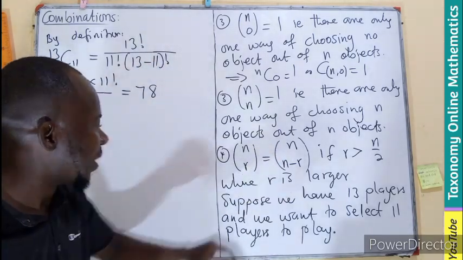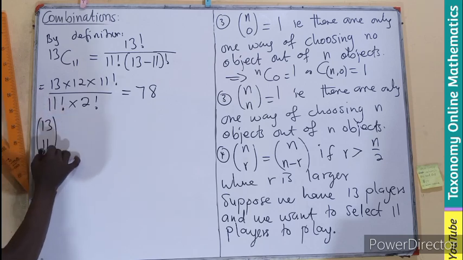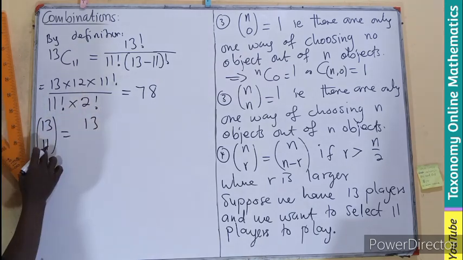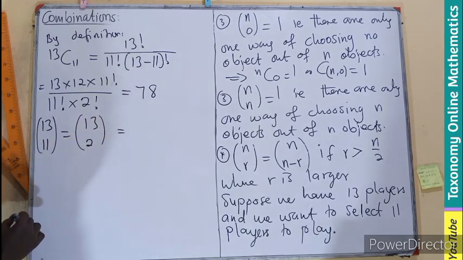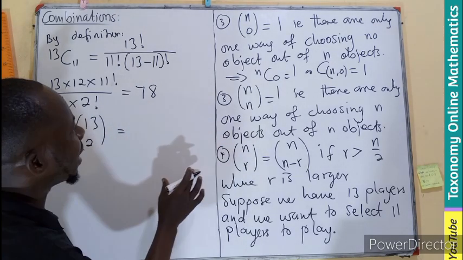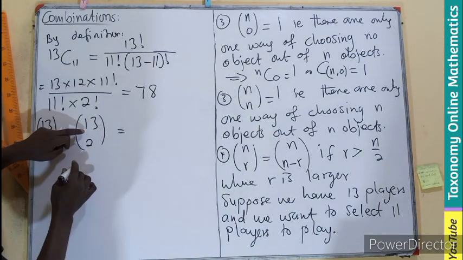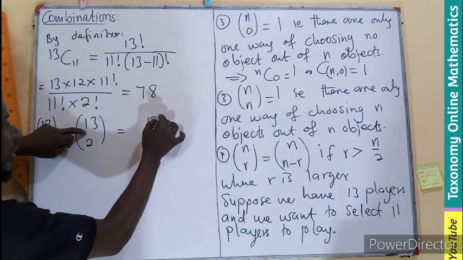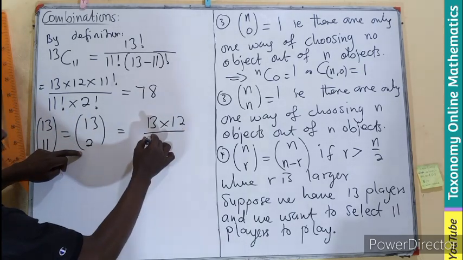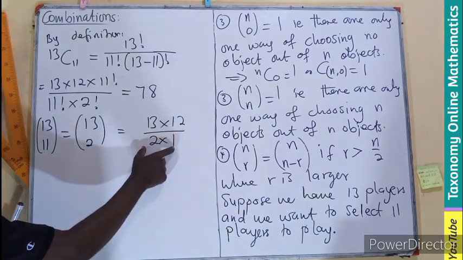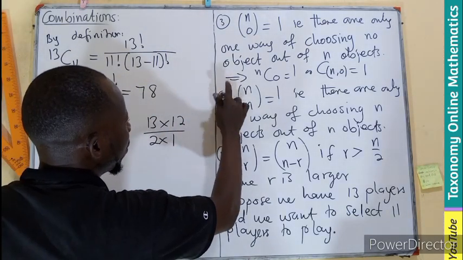But if you want to pick this, which says that 13 combination 11 is the same as 13 combination 2, 11 from here will be 2, which will give us, I think in the second note, that this becomes 13 times 12 divided by 2 times 1. I think this is third, so this will have been fourth.